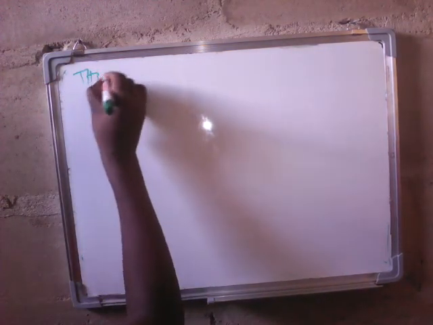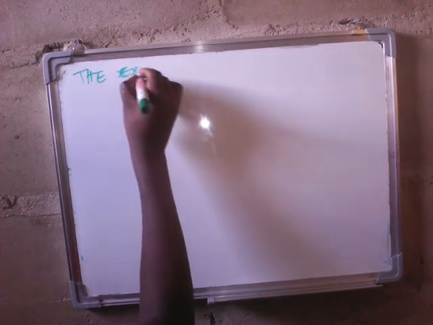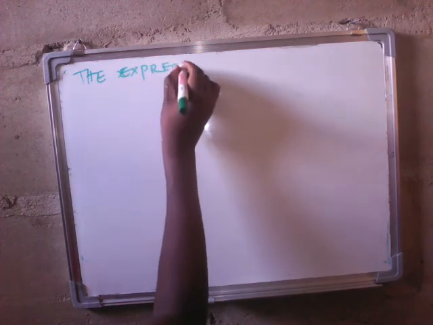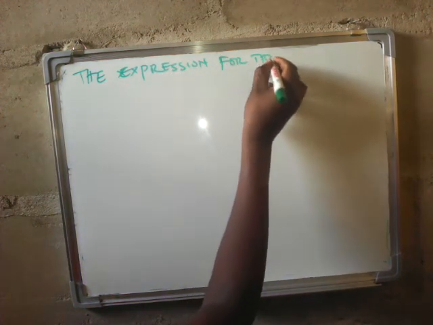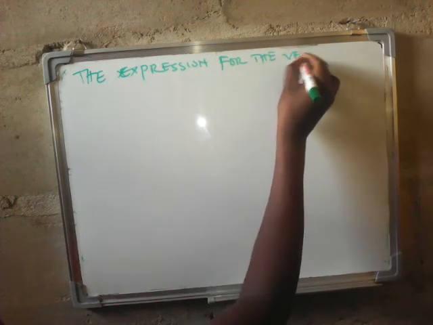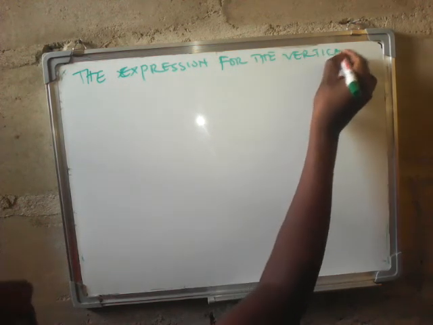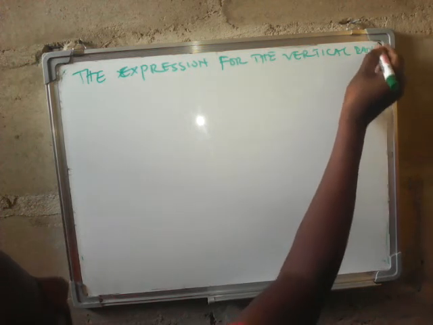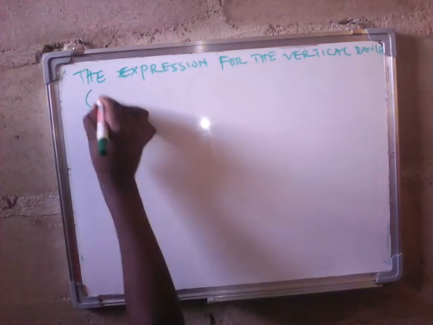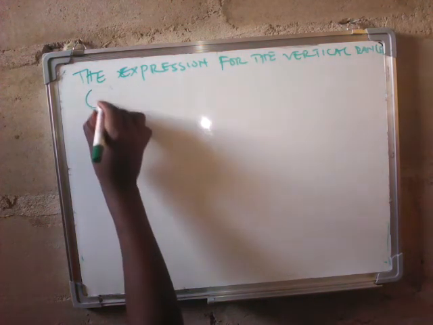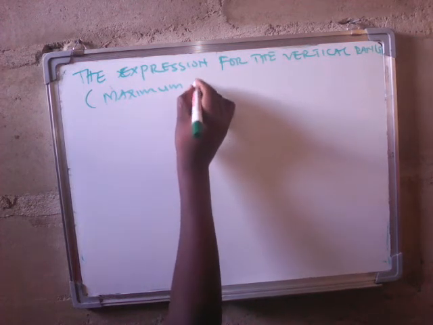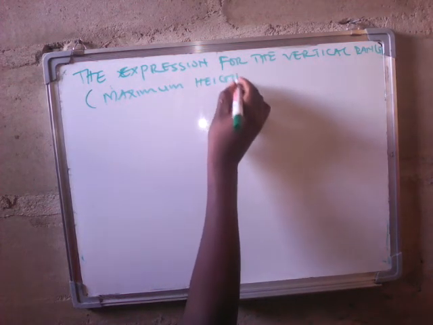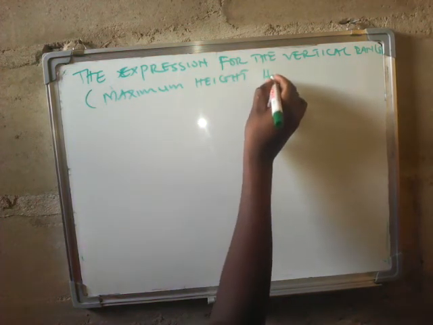So the expression for the vertical range, which is the same as the maximum height, which is the same as H maximum.